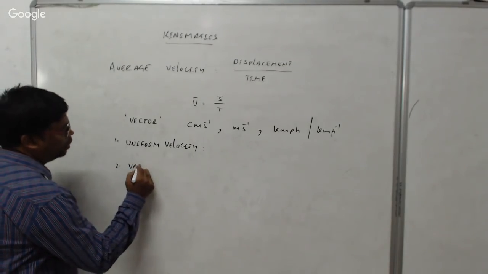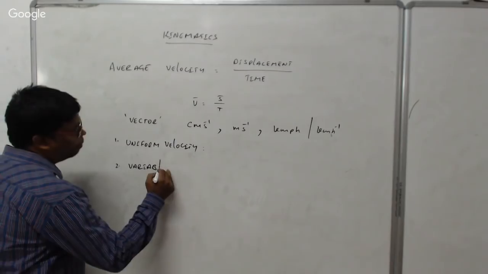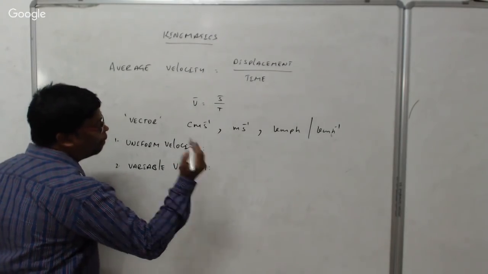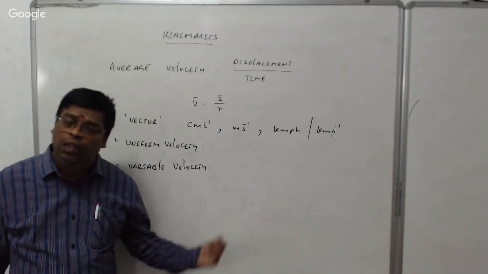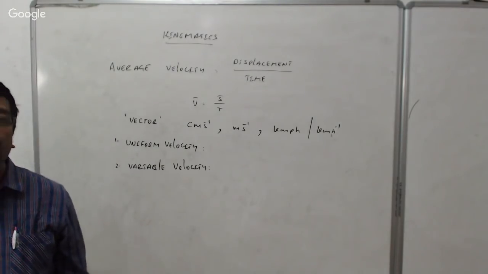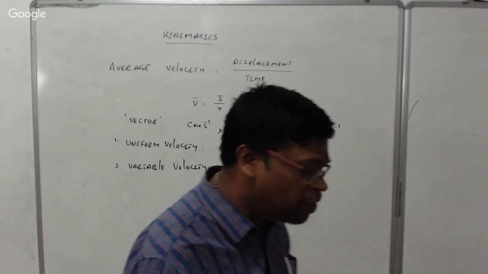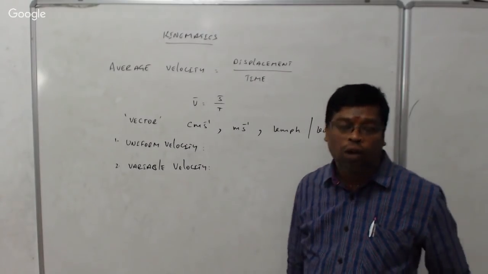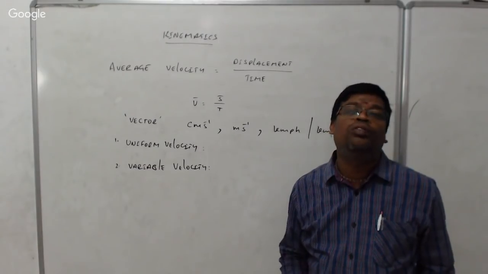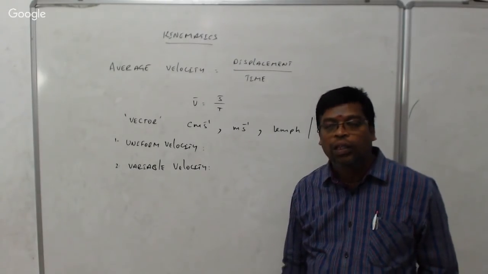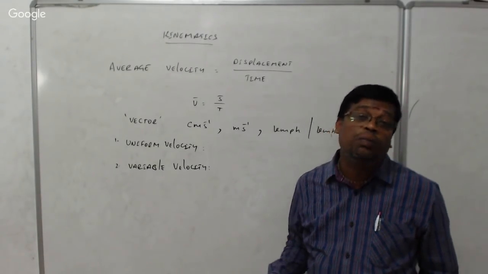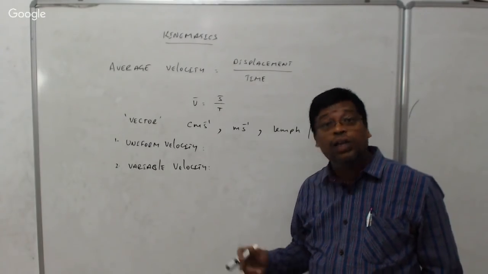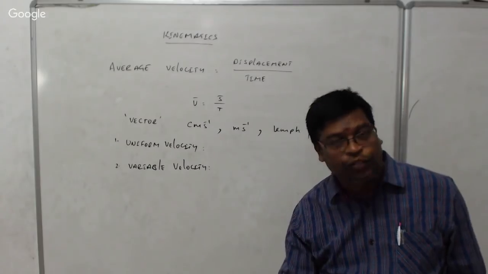And what is the second one? Variable velocity, also known as non-uniform velocity. What do you mean by variable velocity here? A body is said to be moving with variable velocity if it covers equal displacements in unequal intervals of time or unequal displacements in equal intervals of time.